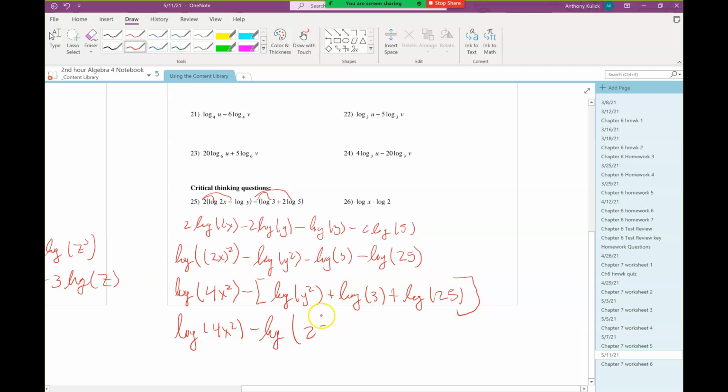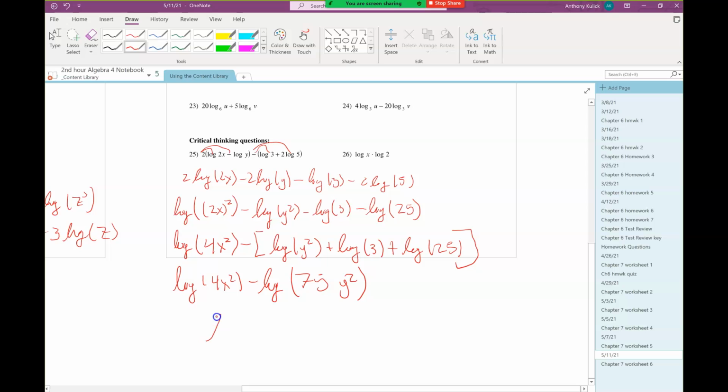So 3 times 25 is 75. I'm going to multiply those things together here. So just write it that way. Is that okay? And then finally, I'll do my quotient property. That's my final.